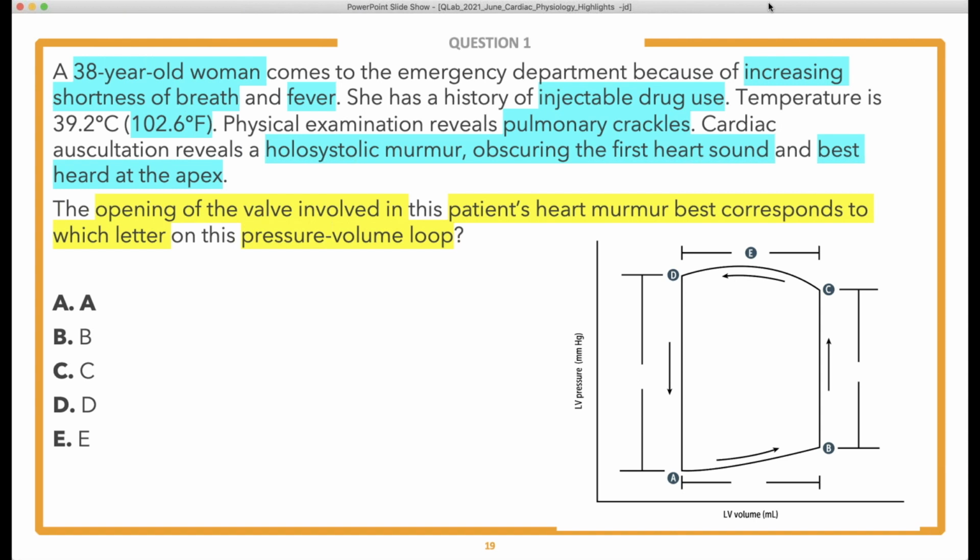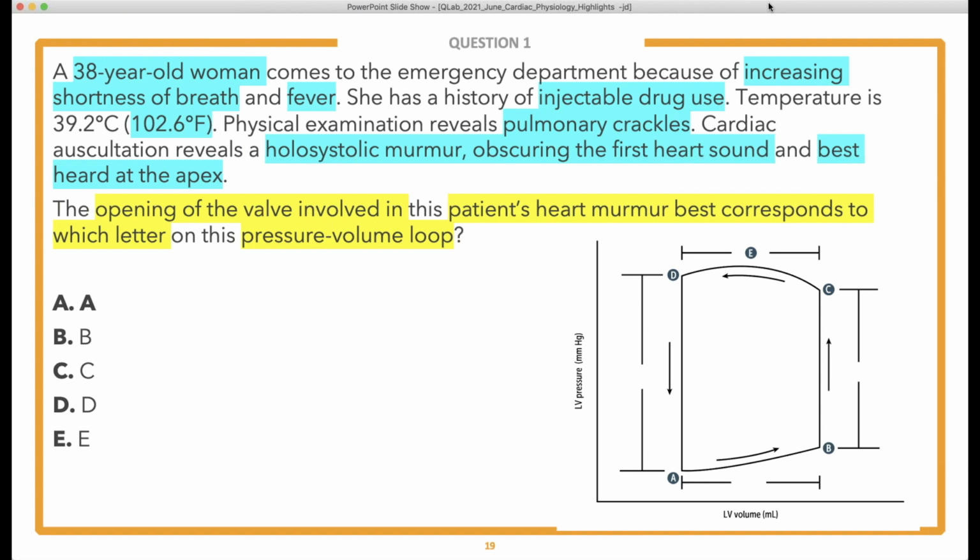Well, it's a holosystolic murmur, okay? It obscures the first heart sound, and it's best heard at the apex, okay? So these are all signs pointing to a mitral valve murmur rather than a tricuspid valve murmur, okay? So of those options, the best answer choice would be mitral valve murmur, okay?